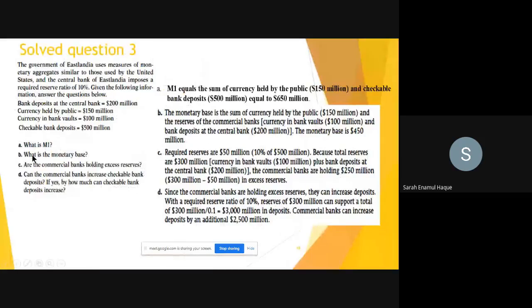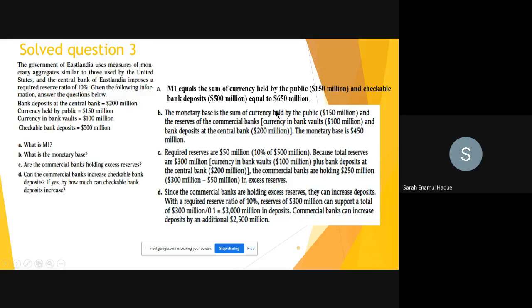Part B. What is the monetary base? So here again the question is, what is the value of the monetary base? Remember the formula for monetary base: currency in circulation plus reserves of the commercial banks.